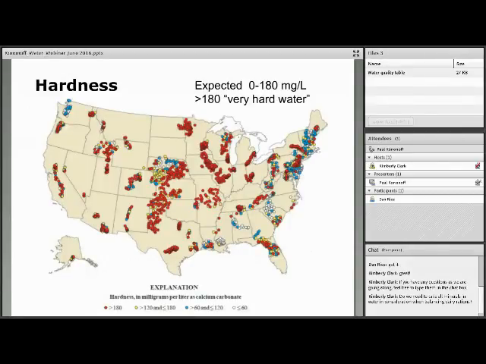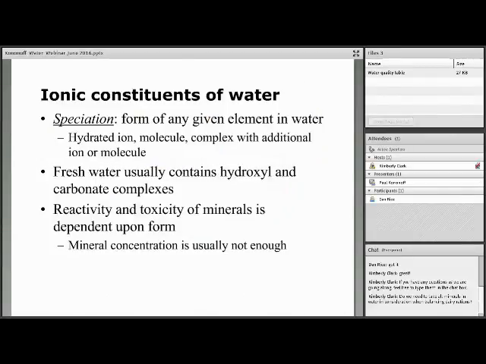So what do we expect? Usually we expect anything less than 180 milligrams per liter. But you can see many parts of the United States actually have concentrations of hardness much higher than 180 milligrams per liter. Okay, this is just reality when we look at water quality. I'm going to talk more specifically about the constituents in here and where there may be a problem.